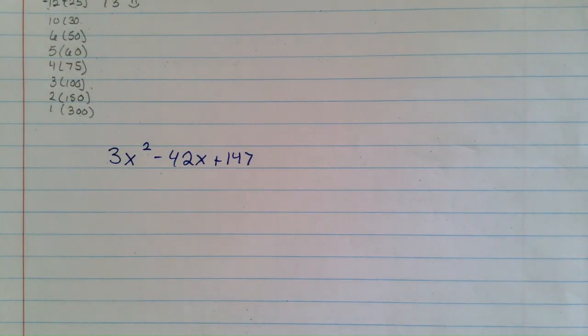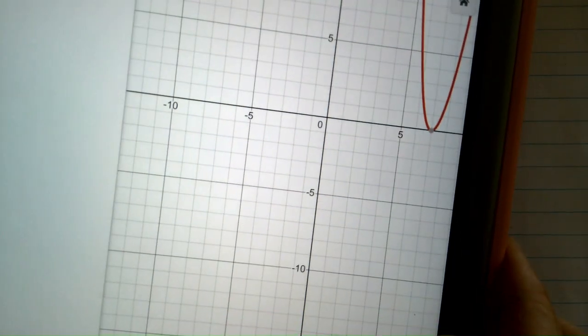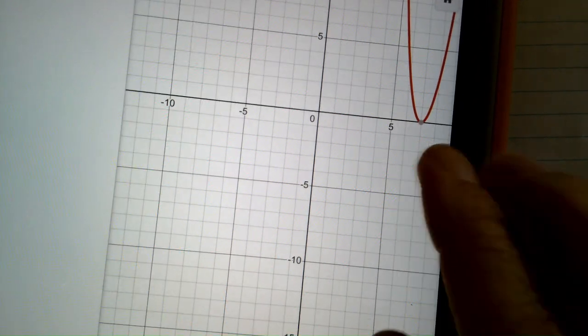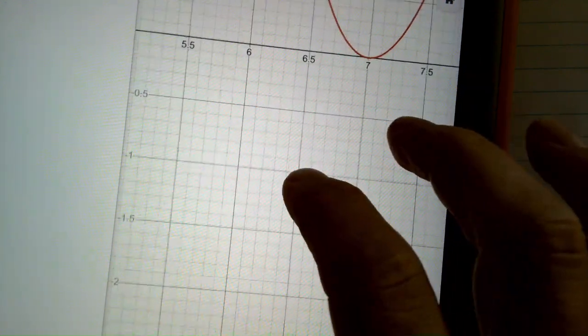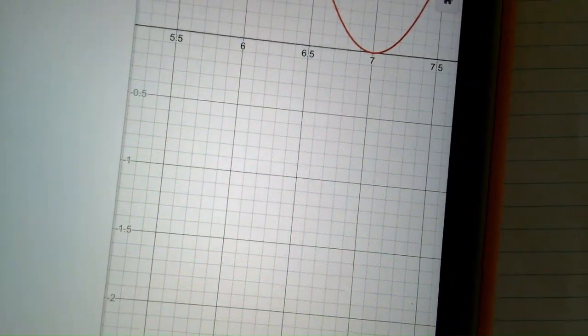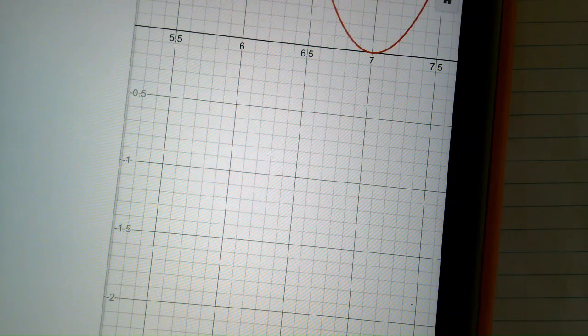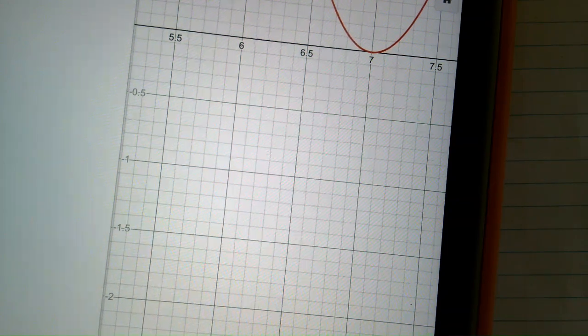3x squared minus 42x plus 147. Okay, it touches the x-axis just once. Okay, well, it still touches the x-axis, so it should factor.